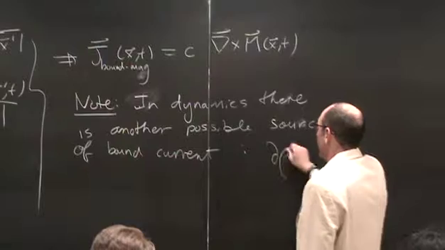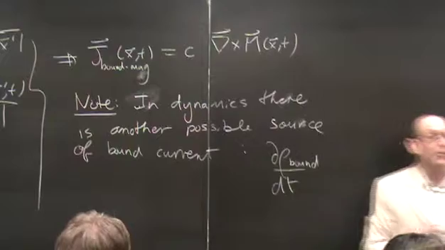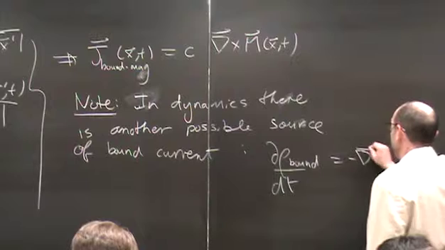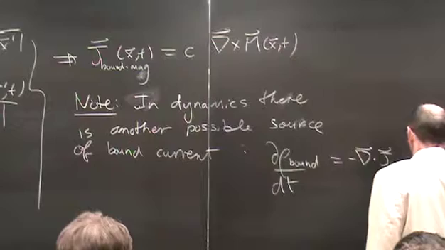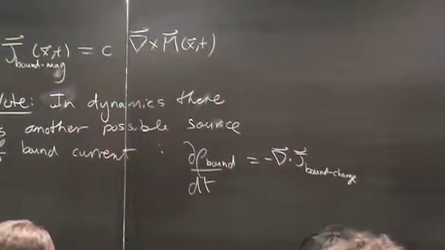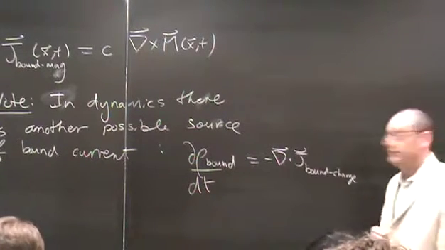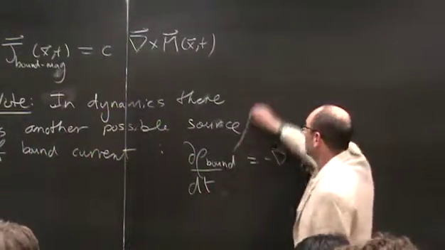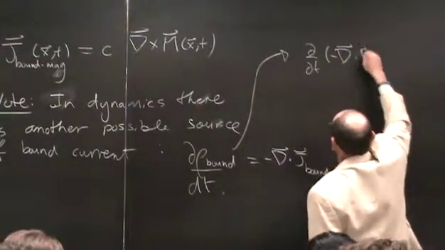So if I look at the rate of change of the bound charge density, well, by the conservation of charge, that is equal to minus the divergence of the bound current density due to that charge. And we just wrote what that is. That is equal to minus the divergence of the polarization.